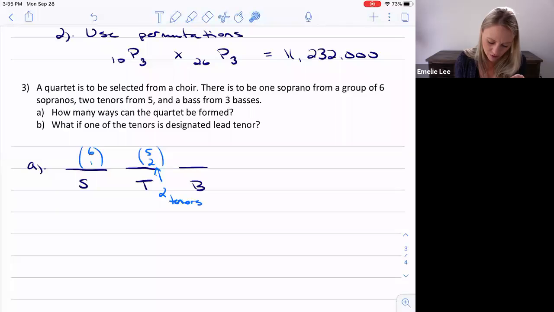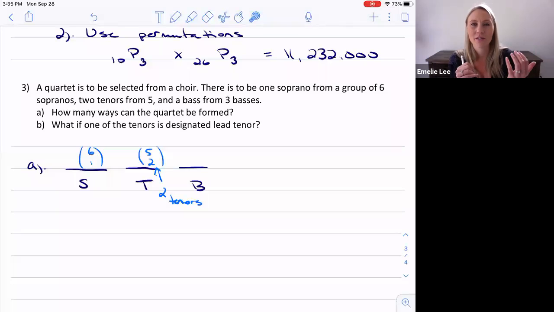The difference between A is that the tenor spot, so the tenors that are chosen, it doesn't matter who, if they're chosen into the group, they're in the group, and if they're not, then they weren't chosen into the group. So those 2 tenors, there's no order there. Whereas if we glance ahead at part B, what if one of the tenors is designated lead tenor?